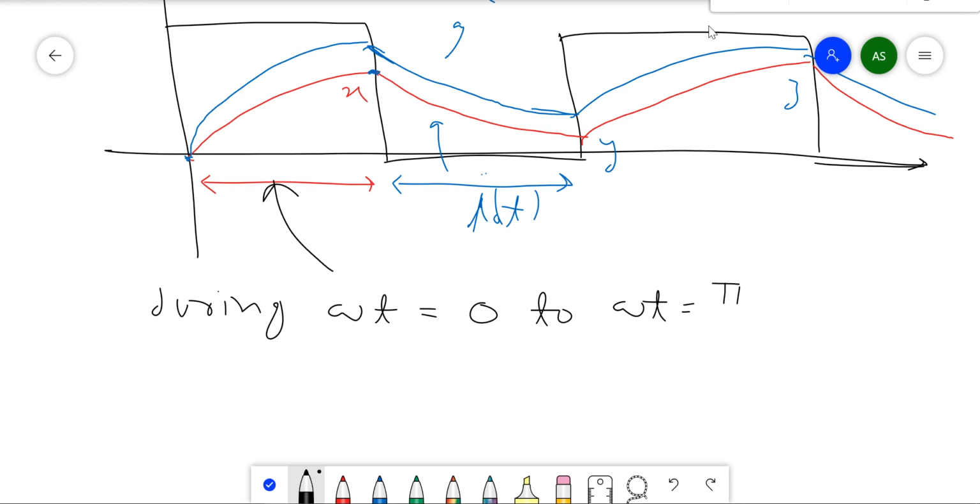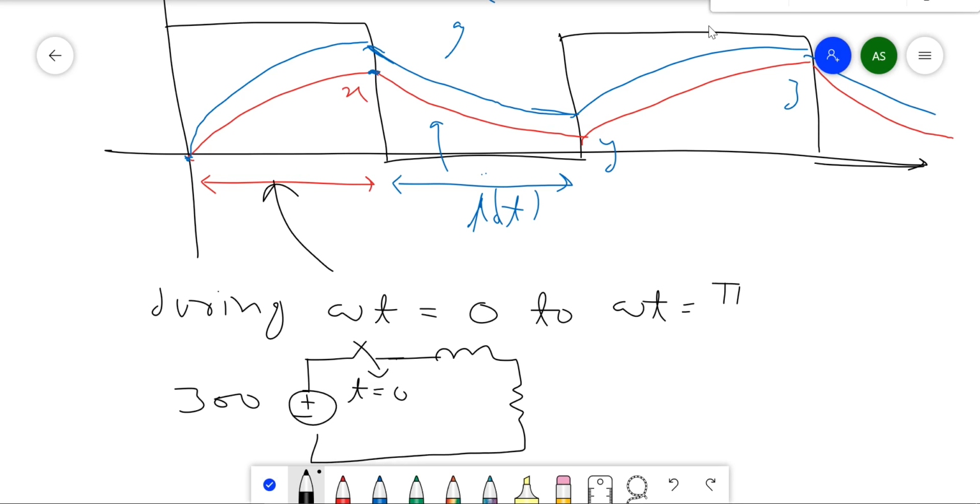So this duration, if we plot the circuit, will be like this: 300, and at t equal to 0 the switch is closing. Okay, this LR, and here it is V naught T, and I naught T is flowing like this.